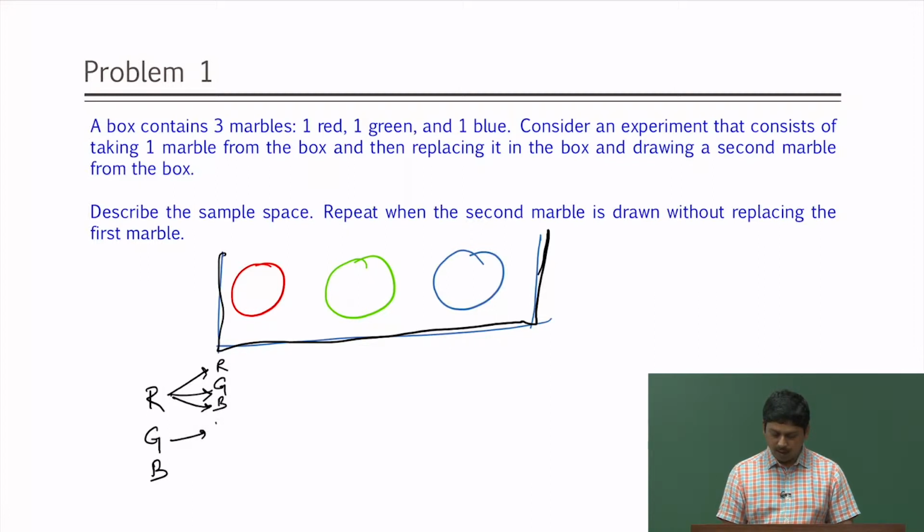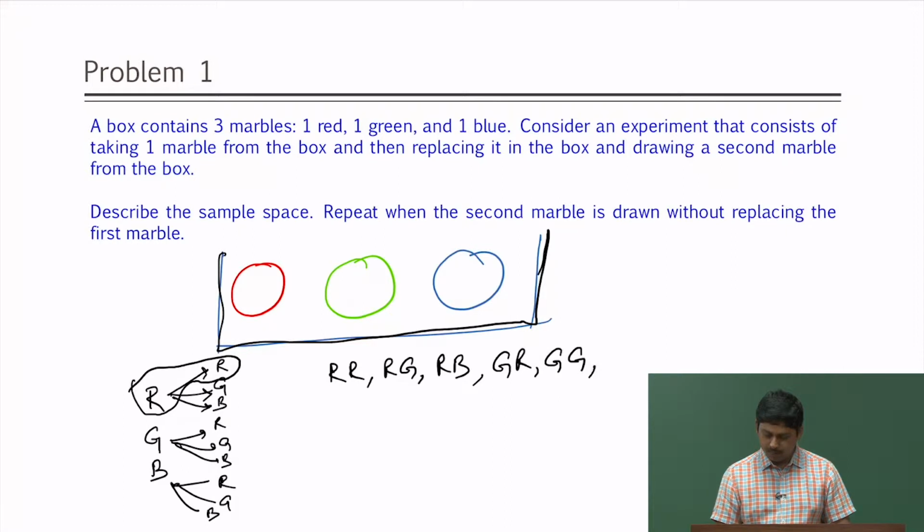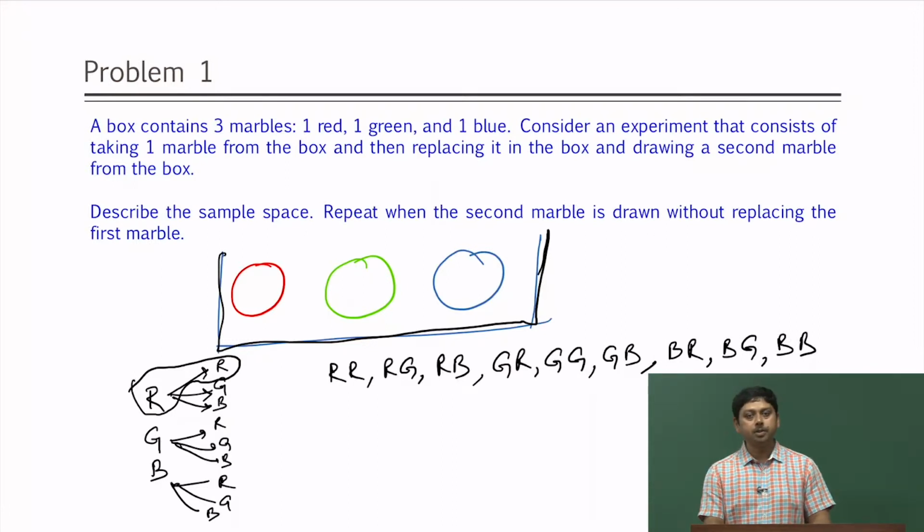For green it can be either red, green or blue, and for blue also. So, the sample space is: red red, red green, red blue, green red, green green, green blue, blue red, blue green and blue blue. These are all the possibilities of outcome of the experiment described in this problem.